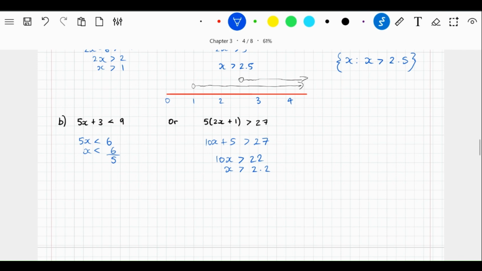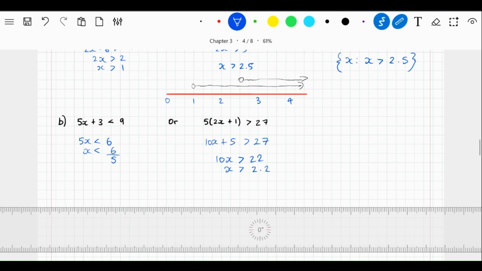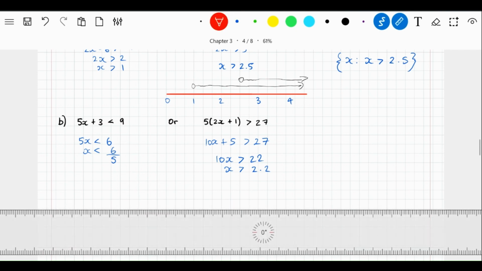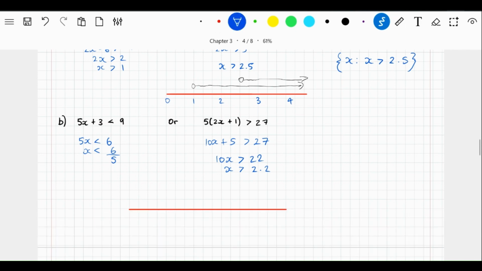So what we want to do is imagine our number line again. If we draw another little number line here, and we get our values down, so we're going to have a 0 there, 1 there, 2, 3, 4, 5, 6, 7, 8, and so on. It will go on as well.